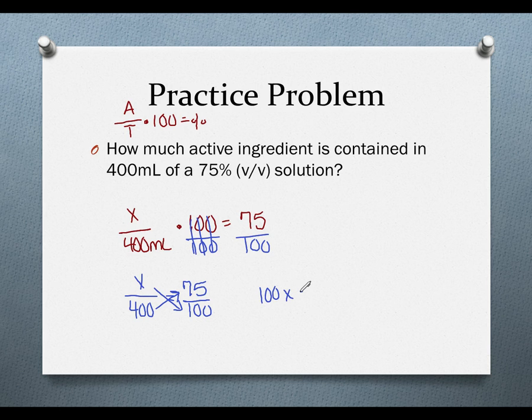I have 100x is equal to 400 times 75 is 30,000. I'm going to divide both sides by 100 to get x by itself, and I get x is equal to 300. My unit is going to be mLs because it's a volume.